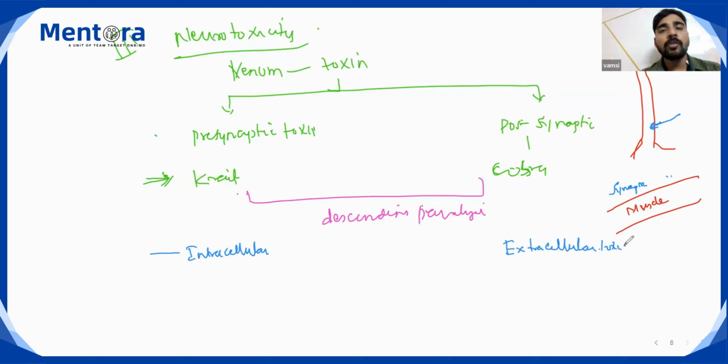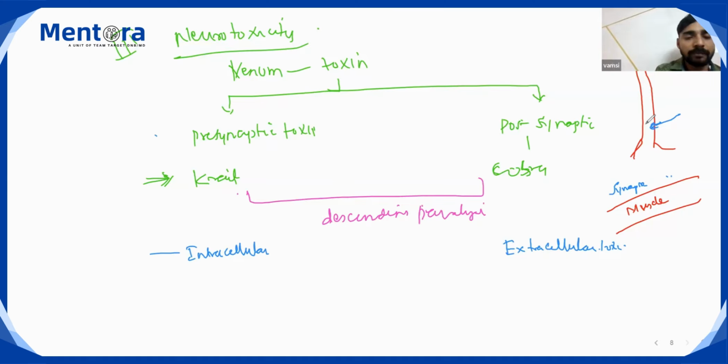So why do we have to know this point? Because when you are giving anti-snake venom, since the postsynaptic toxin is extracellular, it will be neutralized very fast. Right? But with presynaptic toxin, once it enters the neuron, your anti-snake venom cannot enter the neuron, so it is very difficult to neutralize. So you have to give the ASV immediately for this. Right?